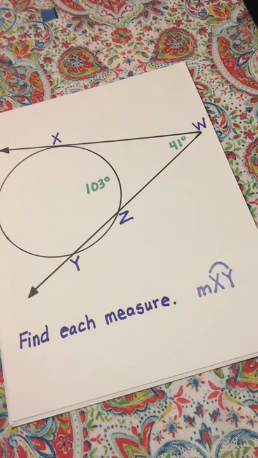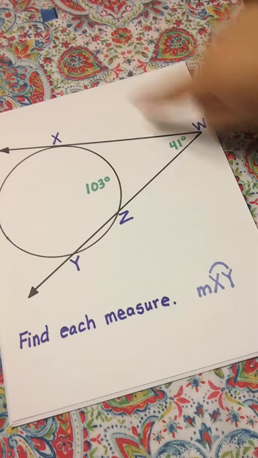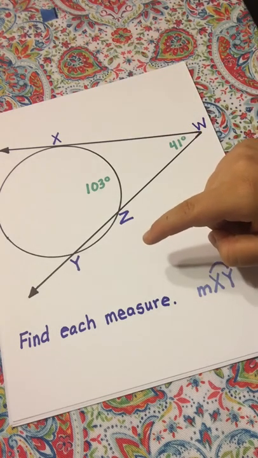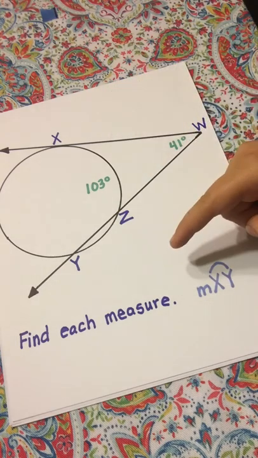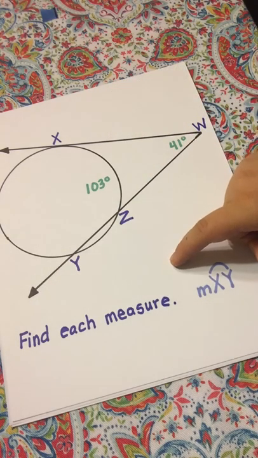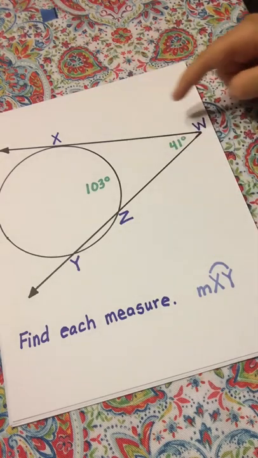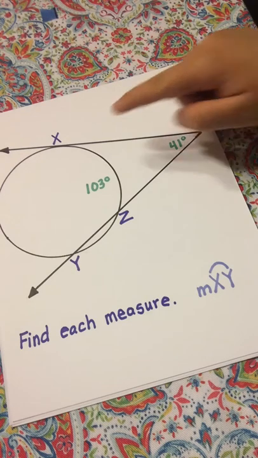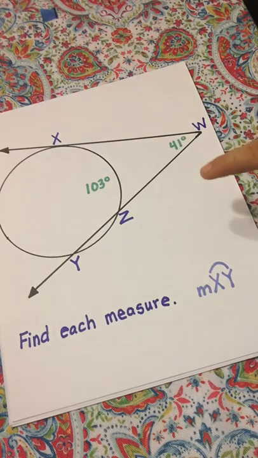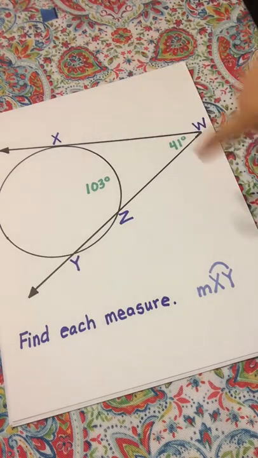Now, let's return to our figure before we look at our theorem. Arc XY is the larger intercepted arc in our circle. It is an intercepted arc because its endpoints are where the tangent and secant lines touch the circle. Our smaller intercepted arc is XZ because the endpoints of XZ are also where our secant and tangent lines touch the circle.